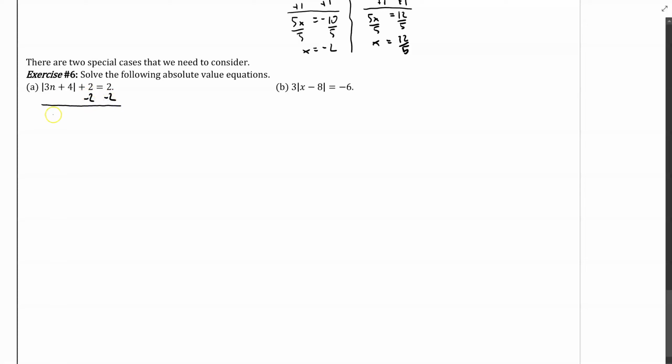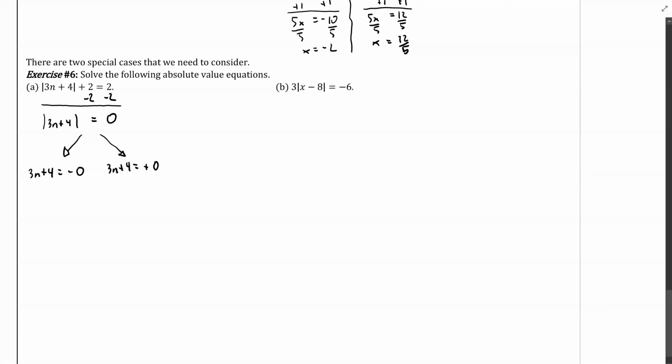So subtracting 2 from both sides gives us the absolute value of 3n plus 4 equals 0. And now that the bars are by themselves, we can split into the 2 cases. Well, we have 3n plus 4 equals negative 0. That's our negative expression. And 3n plus 4 equals positive 0.